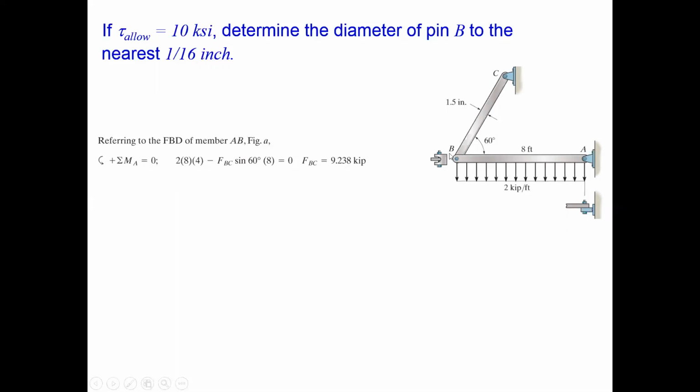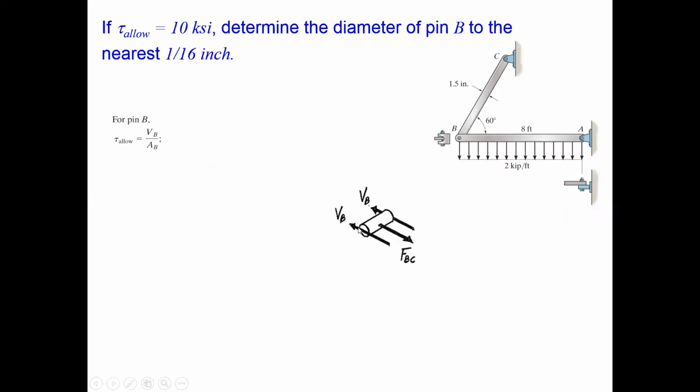So that force is in the member here, and it's going to be transferring that force over a double shear situation. That's what this picture is trying to represent. And so the actual shear force on the pin is not the 9.238, but in fact, it's half of that: 4.619.